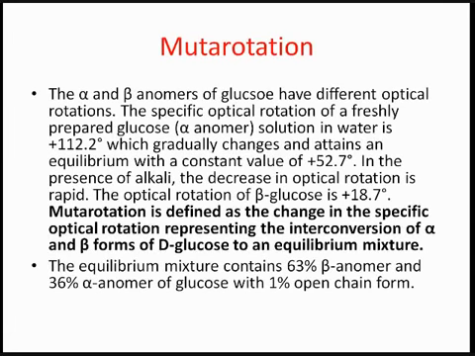How does the optical activity change? The freshly prepared glucose solution has 112.2 degrees and it gradually attains an equilibrium of 52.7, and when treated with a strong alkali like sodium hydroxide, the optical activity further decreases to 18.7, and it is very important.